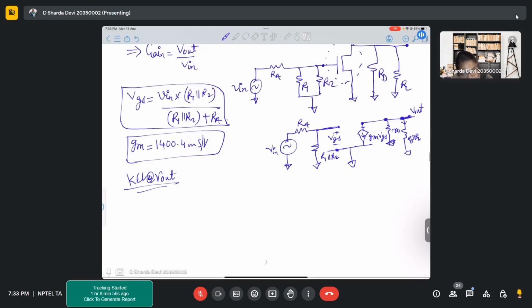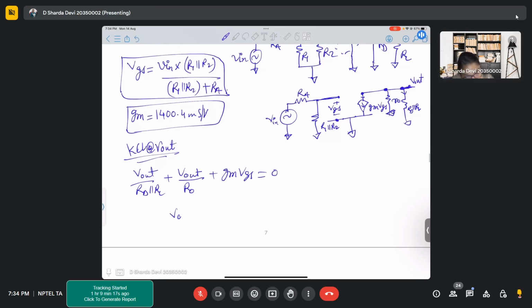It will be V out upon RD parallel RL plus V out upon R naught plus GM VGS is equal to 0. So V out times 1 by RD parallel RL plus 1 by R naught is equal to minus GM VGS.